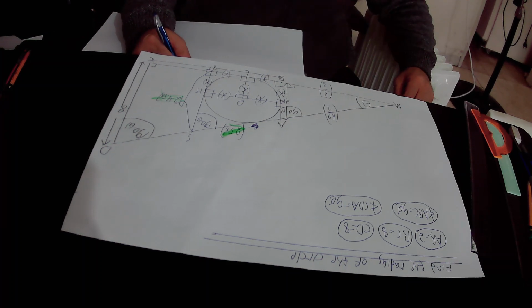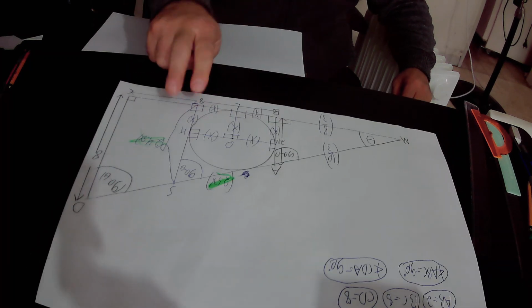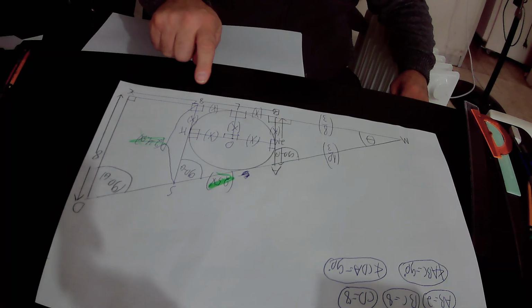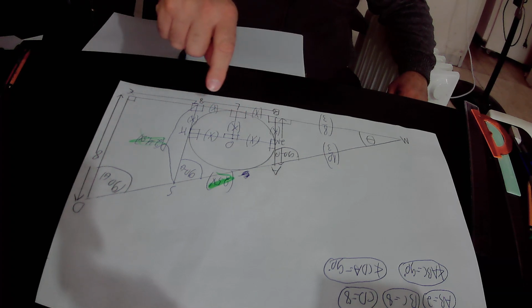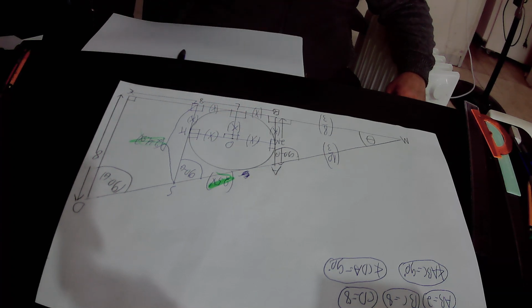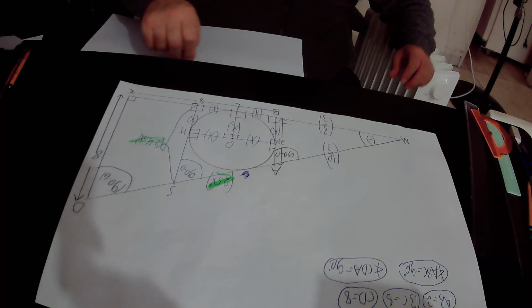In the next step, I will copy this small quadrilateral ASBT in the new page with the circle that is inscribed inside it, and we'll analyze this quadrilateral ASBT.